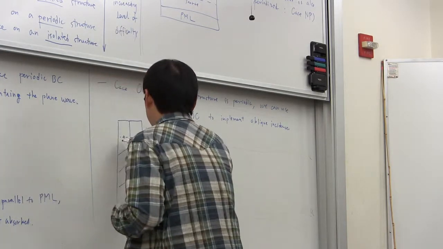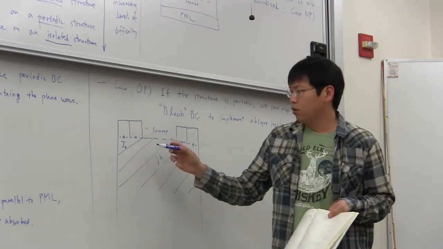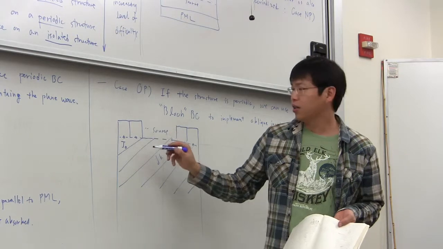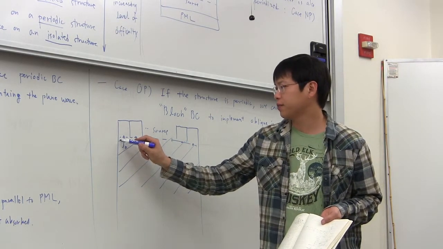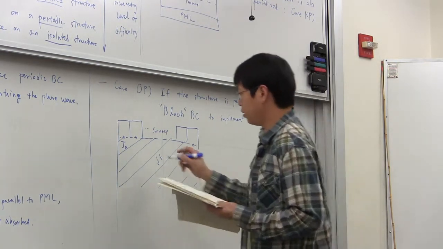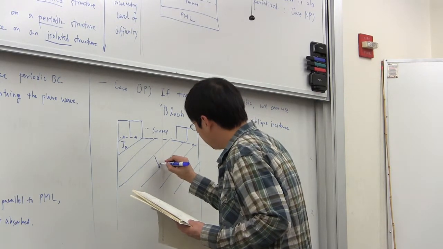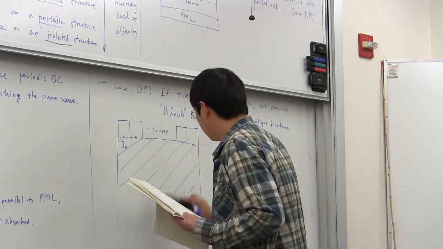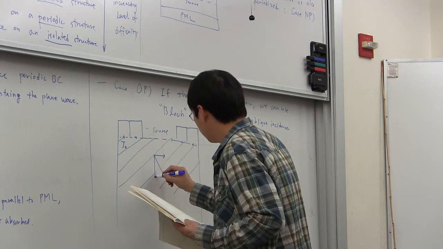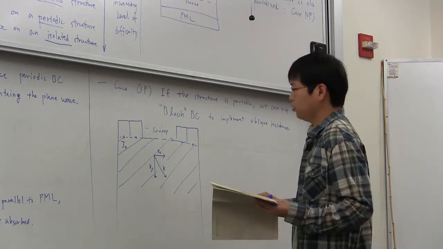So if this is J naught, then you want to excite this point earlier than this, because this point has a phase delay, so that phase delay should be this.